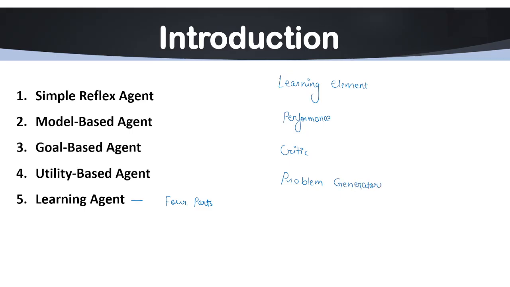Clear? Learning agents example can be Alexa, Siri, Google Assistant. We all are using these days, right? They learn your voice and preferences. According to your preferences and voice, they always give you the best results. Next is your spam filter in Gmail.